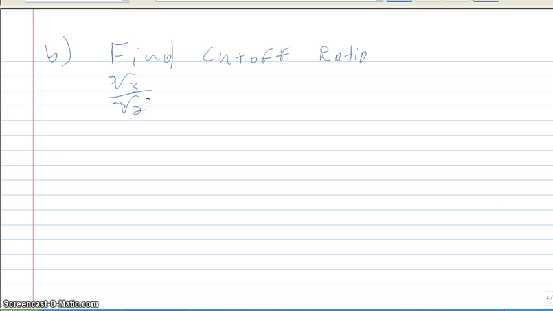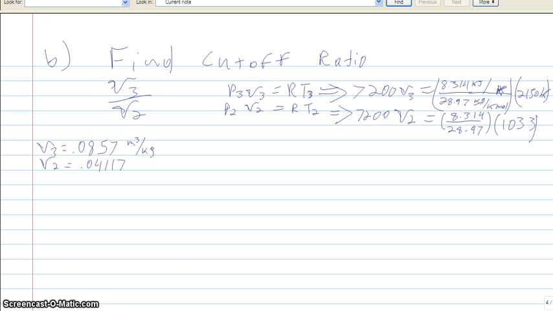Next we're going to find the cutoff ratio. The cutoff ratio is V3 over V2. I'm going to pause it here. Now we have these values.